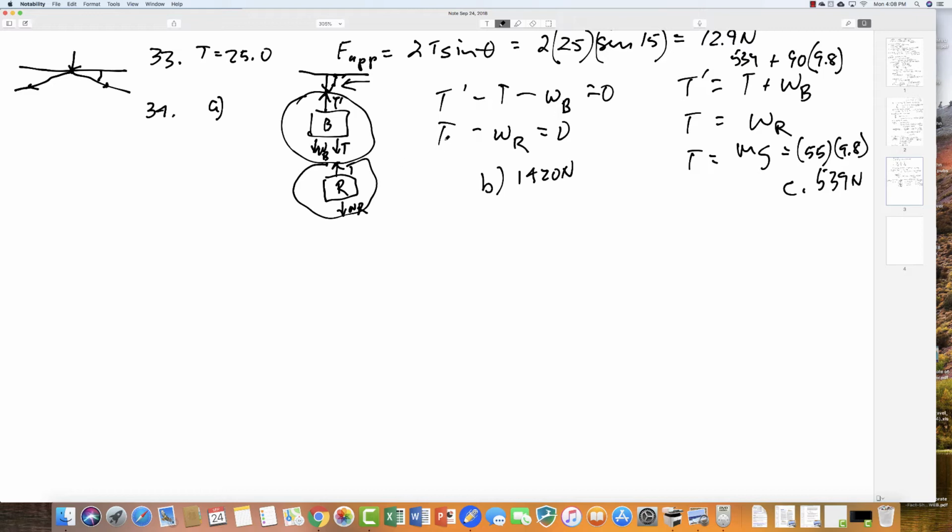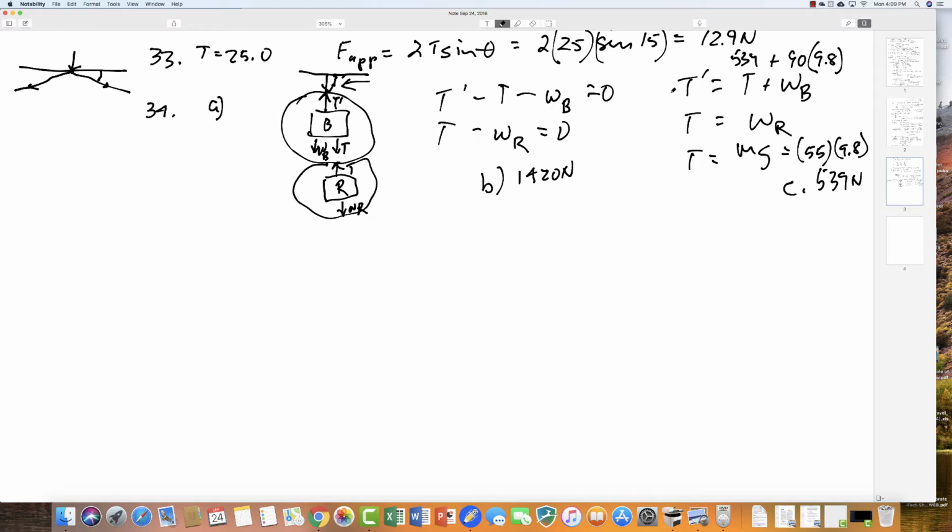So if we start with T, we see that T is equal to the weight of the trusty sidekick, or that T minus the weight of the trusty sidekick has to equal 0, or else the trusty sidekick would be moving. We also know that T prime minus T minus the weight of the superhero has to equal 0. There are two downward forces, one upward force.